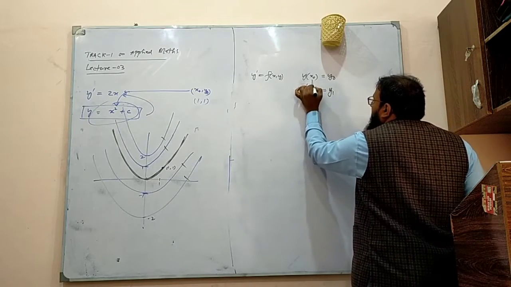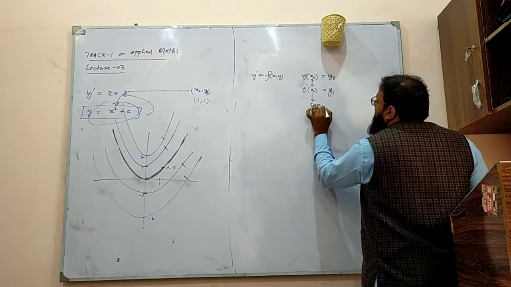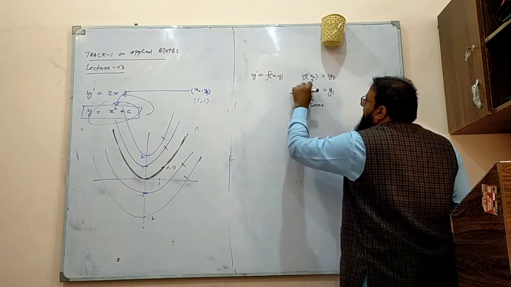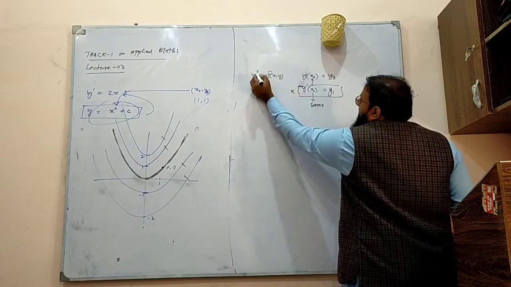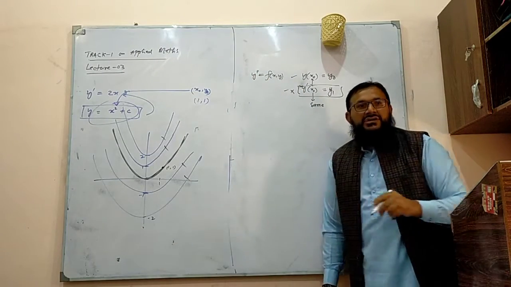Now you can see the value of the independent variable is the same, that is x naught. If you have a first order differential equation, then you will only have one condition, not two. But if you have a second order differential equation, then you might have two conditions, depending upon the order of the differential equation.